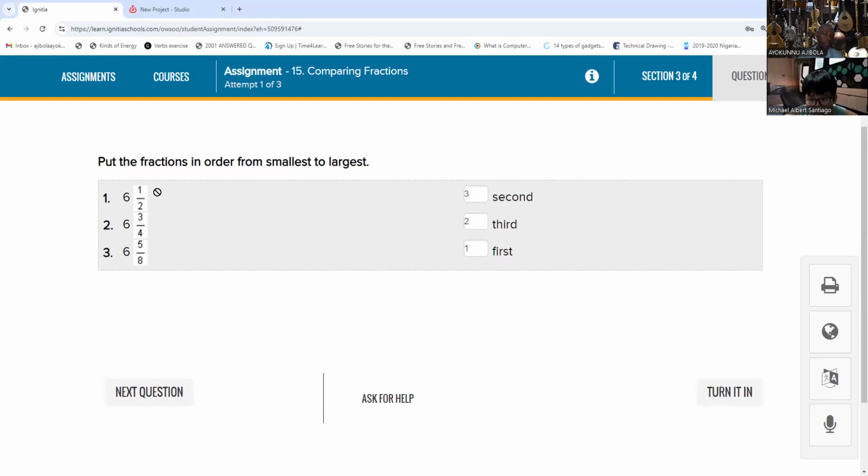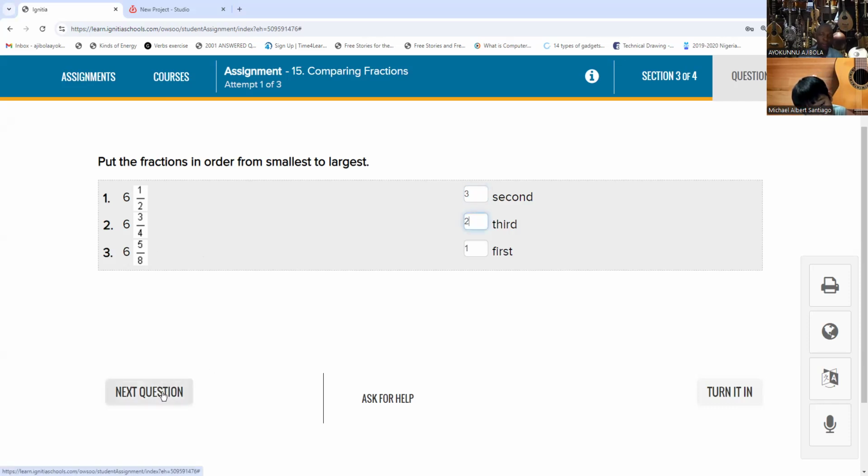So we have 4, 6, and 5. So 4 is the smallest, which is number 1, and we put it here. This is the second position, which is here. And this is the last one, which is the biggest, number 2. So let's take note of that.